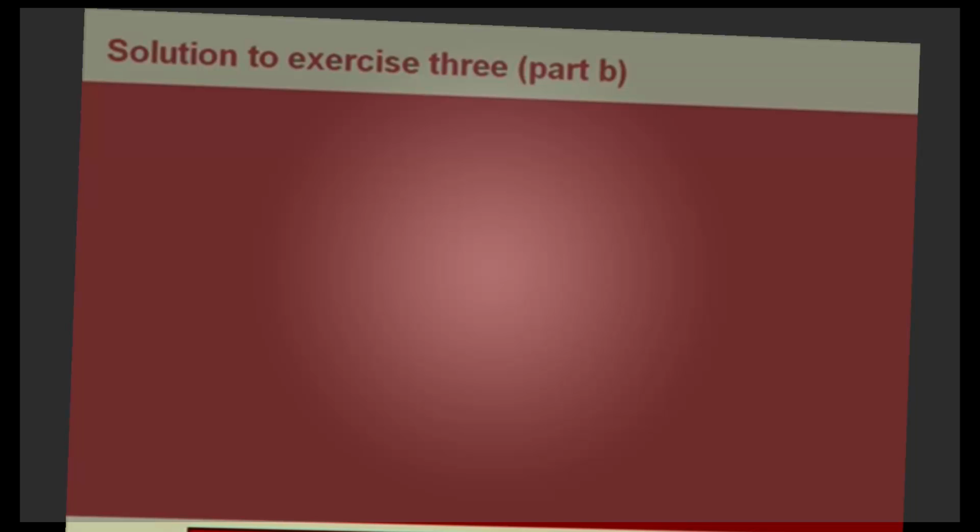In part B, they said, okay, if you sell 30,000 units, what's the profit or loss? You'll notice I'm doing everything the equation method because I personally prefer that. If you choose to use the formula method, you'll get the same answers. So, compute profit if 30,000 units are sold.